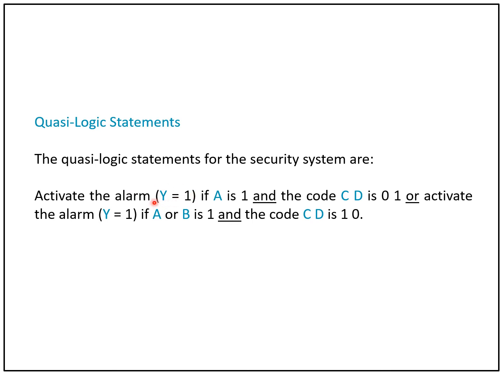So the alarm would be activated if A is equal to 1, which means that the sensors have detected an open door or window, and the user input code was 0, 1, which means that the user has selected active state 1, because the occupants will be sleeping, and one of the doors or windows was detected to be open. In that case the alarm will turn on.